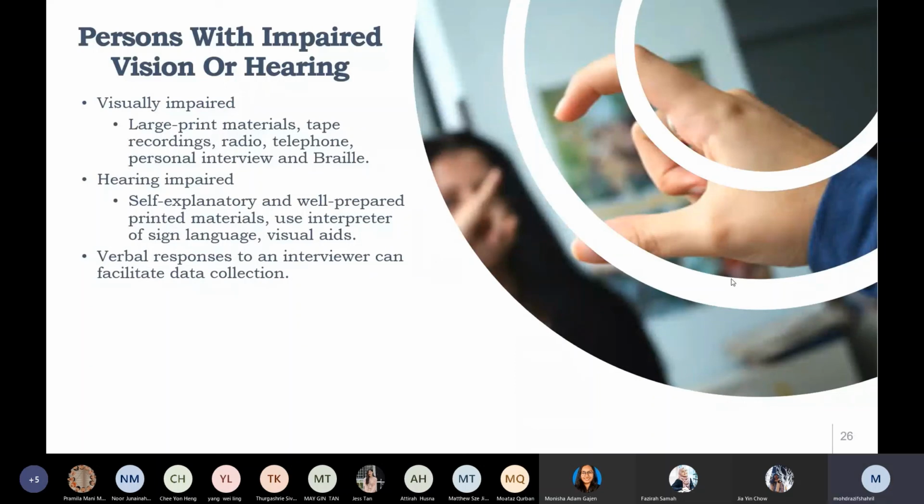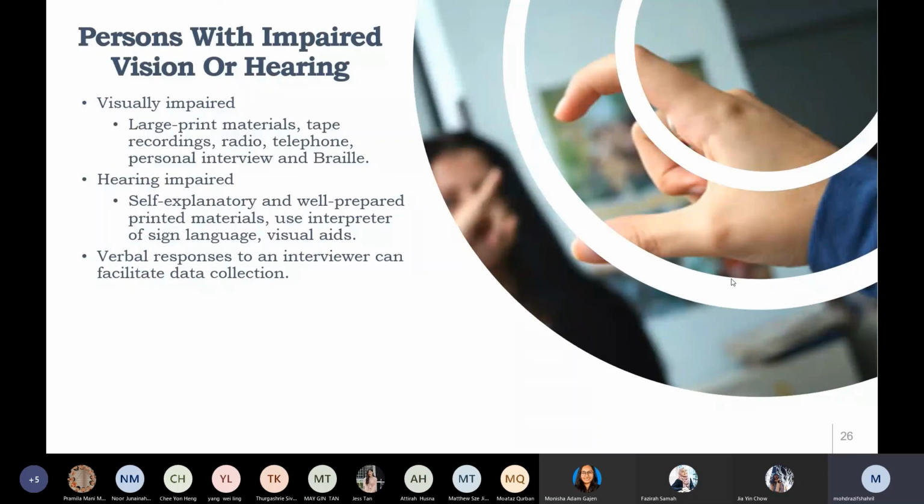If they are just impaired, we use large print materials. We can also use tape recordings, radio, a telephone for the interview, personal interviews, and we can use braille letters for those who are blind. They can understand braille.